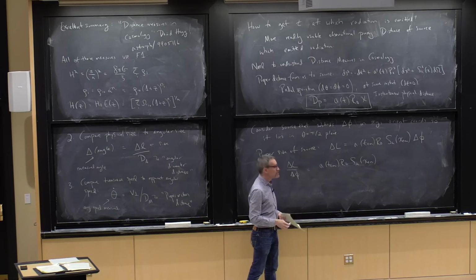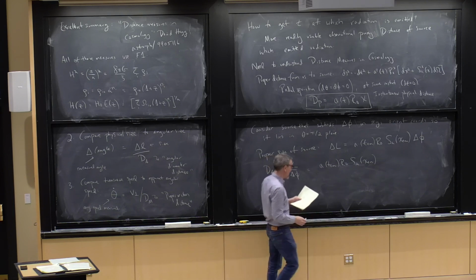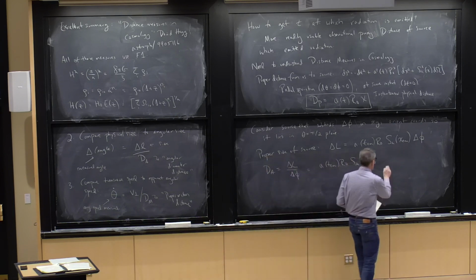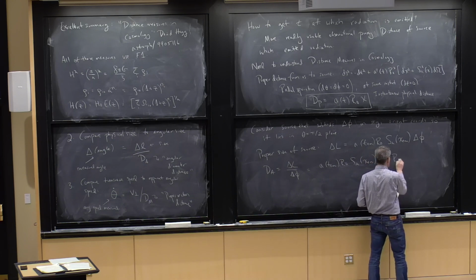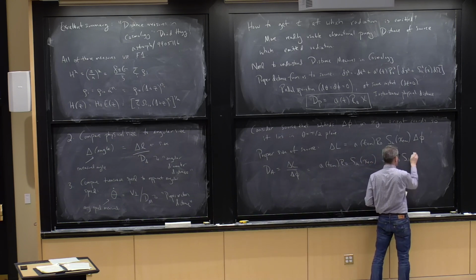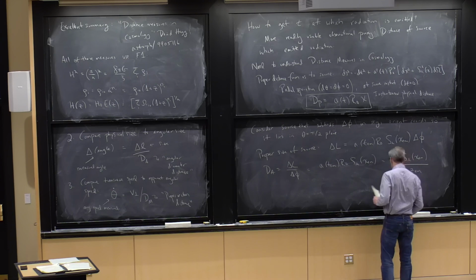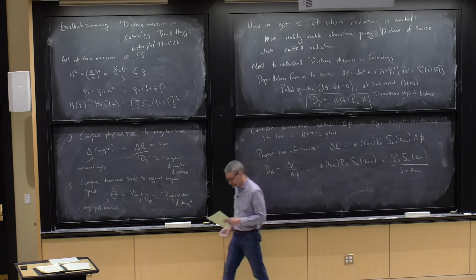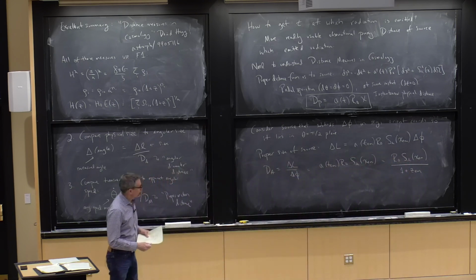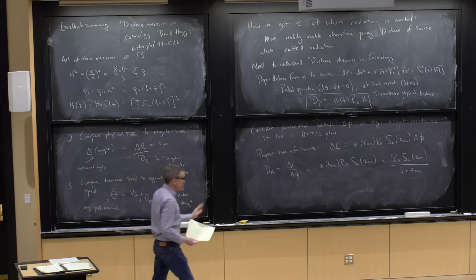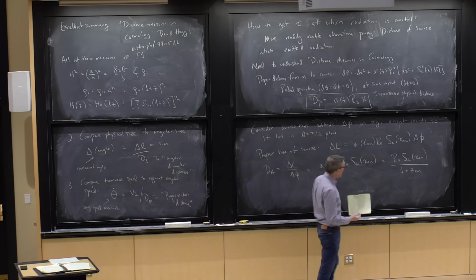Okay, let's rewrite this using the redshift. Redshift is something that I actually directly observe. So there we go. This is not wrong, but it's flawed. So this is true. This is absolutely true. Here's the problem.